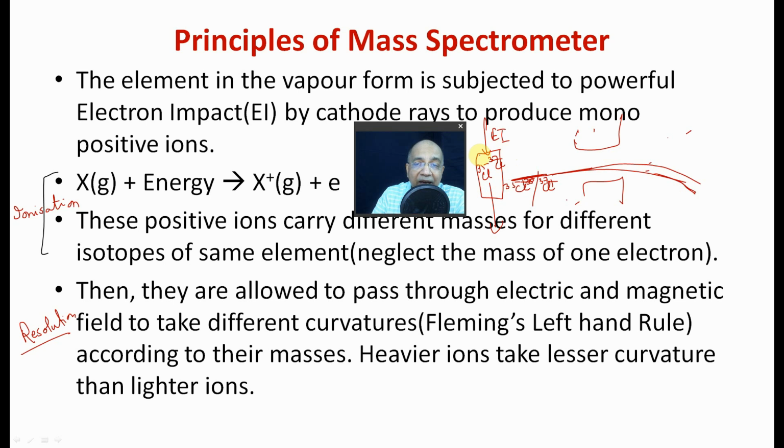As many isotopes as there are in an element, the same number of streams are produced. Because the power of resolution now using a superconducting magnet is so high, even if you take tin vapors, there are 10 isotopes and you'll be getting 10 different streams close to each other, and these ions fall onto the detector.